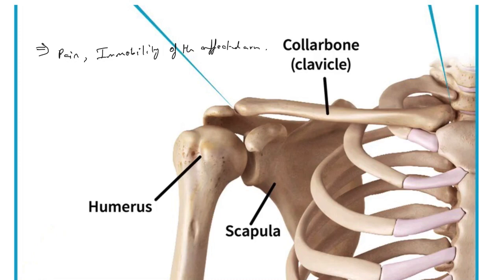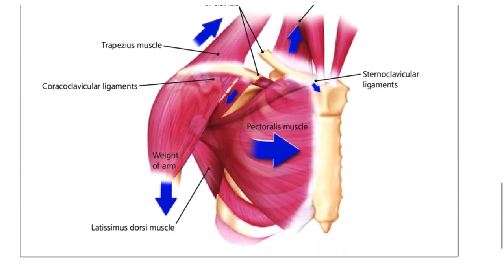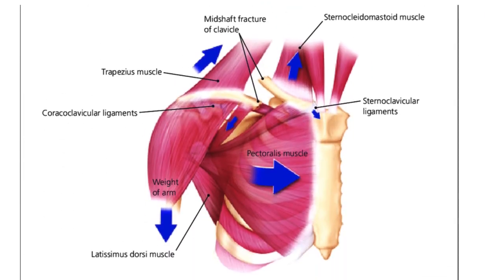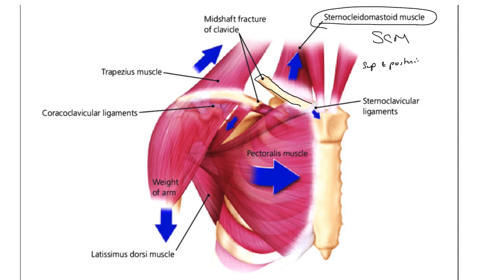If you look at the next image, we can see the medial fragment is going up, because the medial shaft fracture is up. Why? Because here we have one muscle, the SCM muscle, the sternocleidomastoid muscle, which will pull upward. So the medial fragment of the clavicle bone goes superiorly and posteriorly.